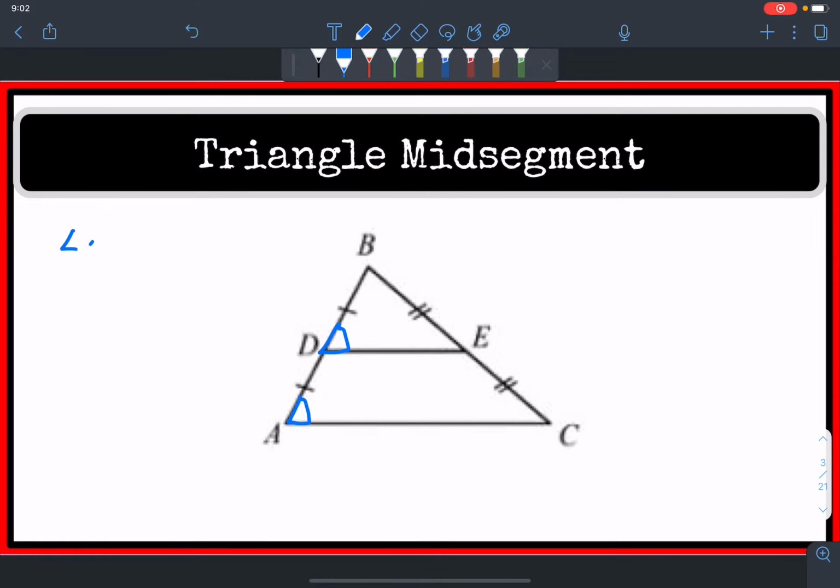So angle A is congruent to angle D, which again means that the measurements of each of these two angles are going to be equal to each other. And then these two angles here on the right are also going to be congruent. So angle E is congruent to angle C.